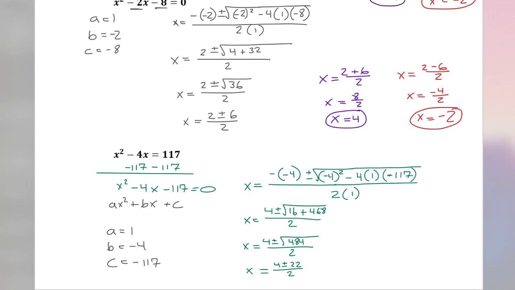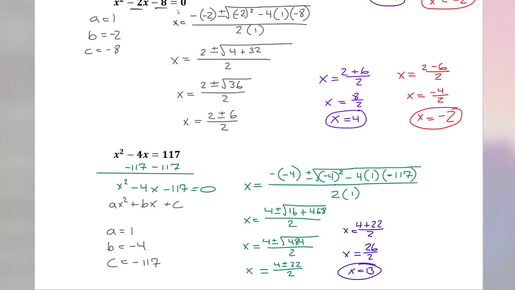And now we need to start to solve for the positive and negative roots. So let's solve for the positive root first. 4 plus 22 divided by 2. 4 plus 22 is 26. 26 divided by 2 is 13. So we have a root of x equals 13.